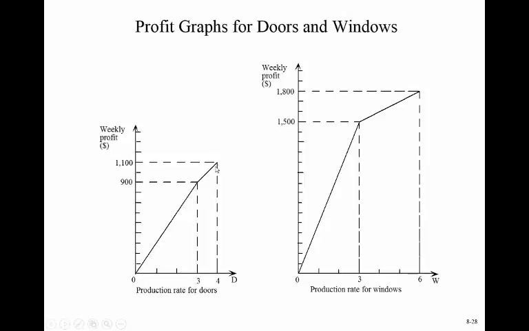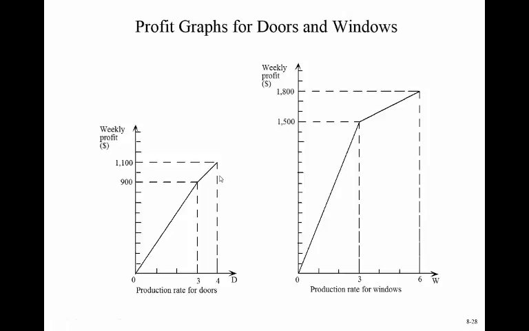Then when you produce 1 more door, it only generates a profit of $200. Notice that you've got a slope for the first segment of the line, and then a lesser slope for the second segment. That is a decreasing marginal profit, basically.